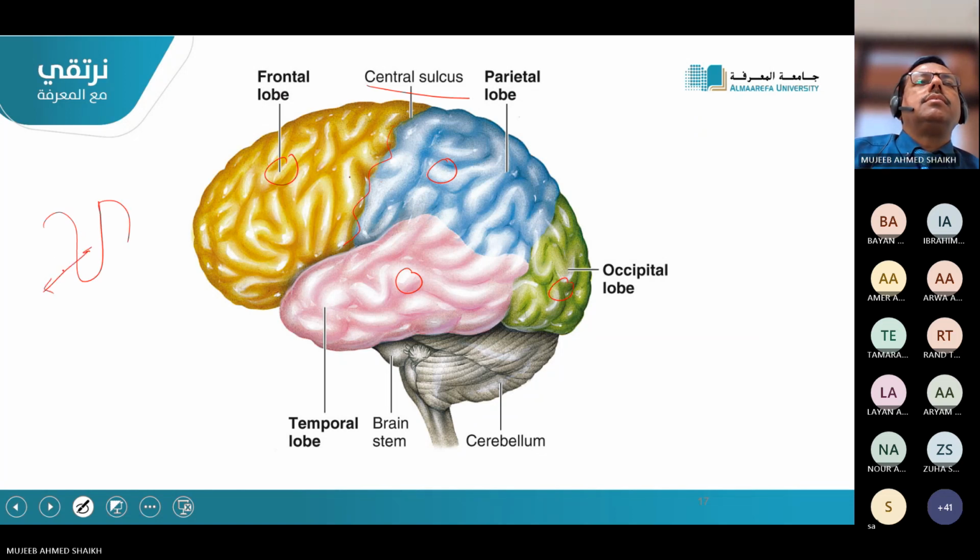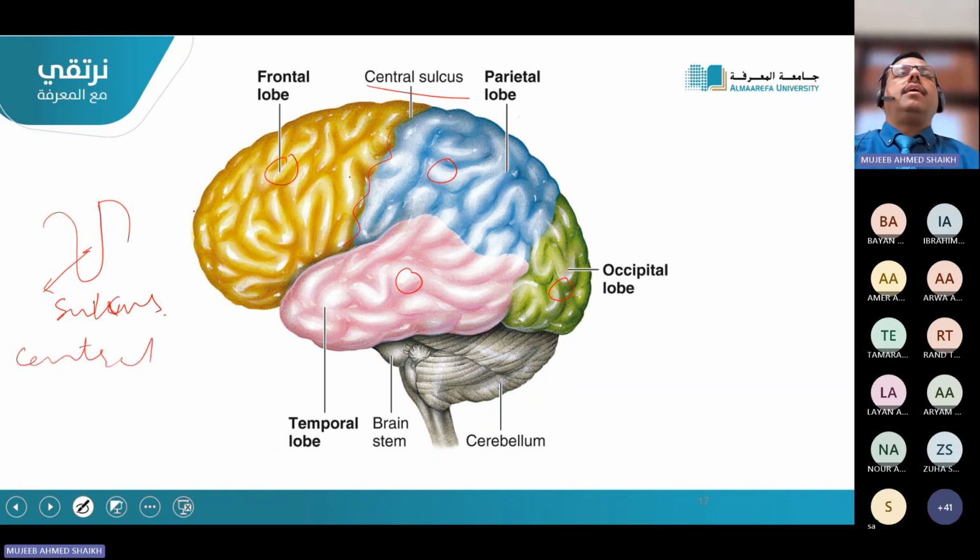This is a sulcus. So this sulcus is dividing the brain into 2 lobes, frontal and parietal. What is this sulcus known as? The name of this sulcus is the central sulcus. So the central sulcus divides frontal from parietal.